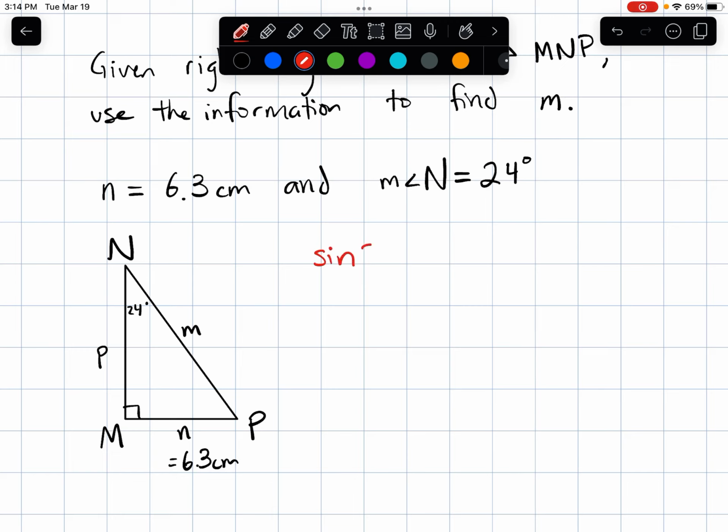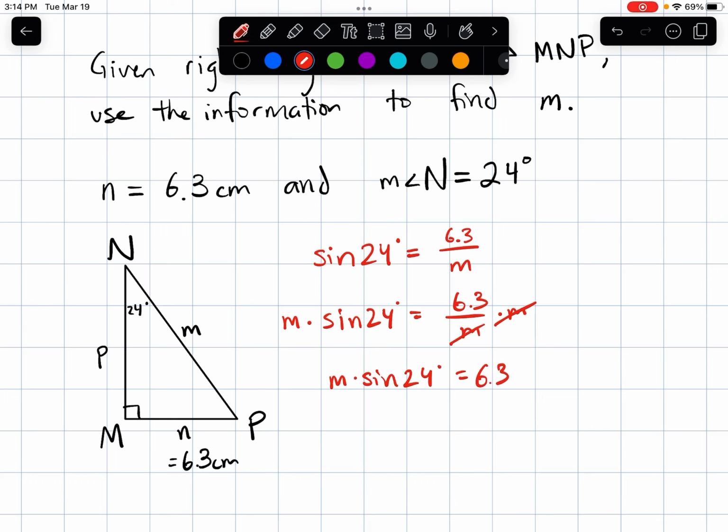And we're going to say that the sine of 24 degrees equals the opposite side, which is 6.3, over the hypotenuse, which is m. Okay, so now I again want to get m out of the denominator, so I'm going to multiply both sides by m. We see that the m's cancel on the right side, so now m times the sine of 24 equals 6.3.